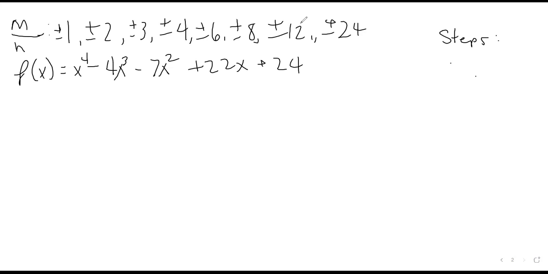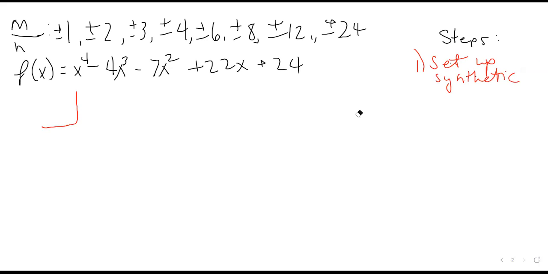Okay, so my first step is to set up synthetic division. Could I do the long division? Of course, there's no rule that says you can't, but it is kind of more annoying to do the long division way than to do the synthetic. Synthetic will definitely be a little bit faster. So again, I have my box.